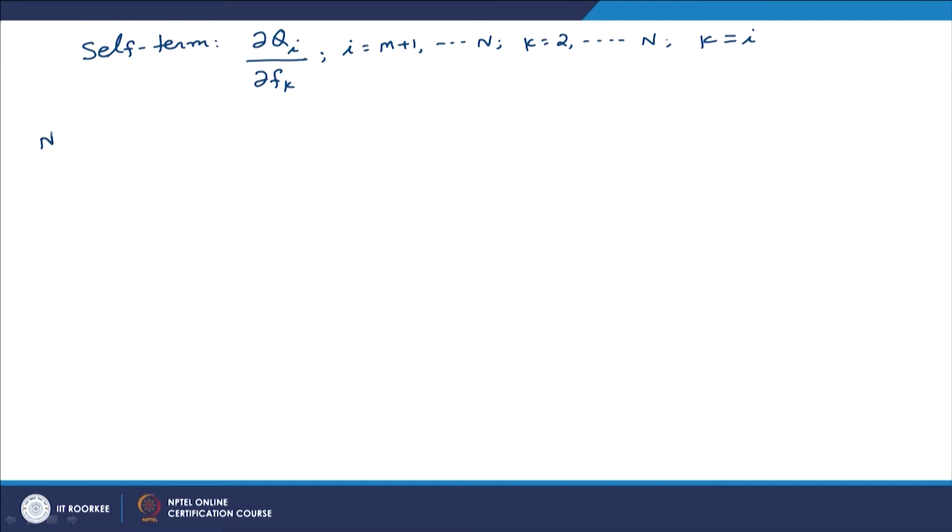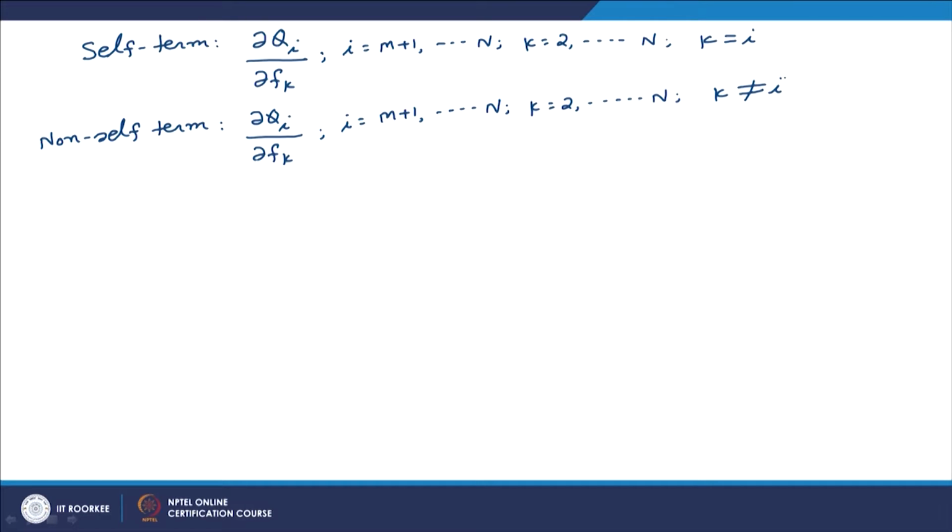And then as usual the non self term is again del Q i by del F k, where the ranges of variation of i and k are the same, the only difference is that k is not equal to i.